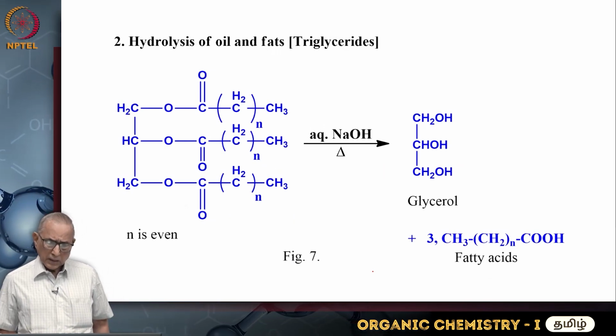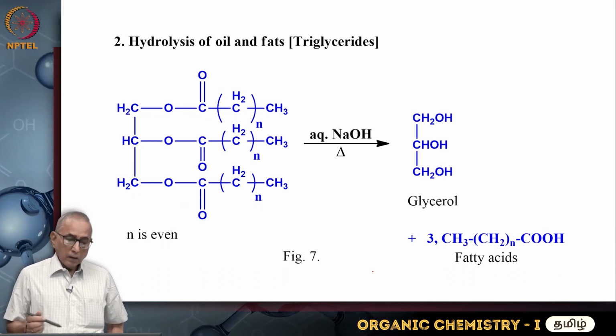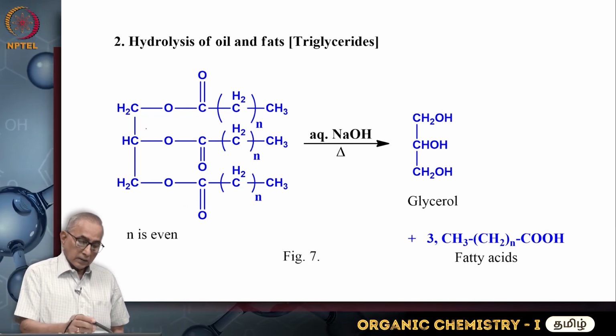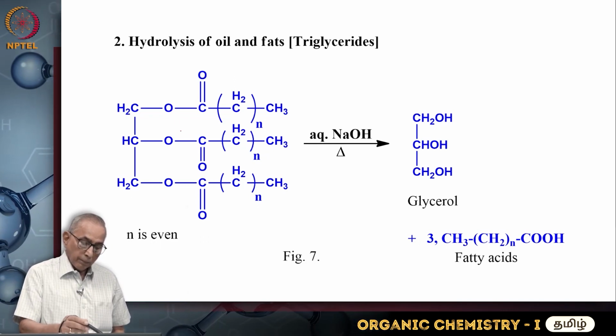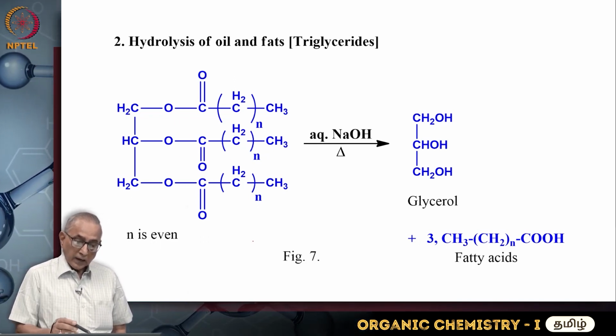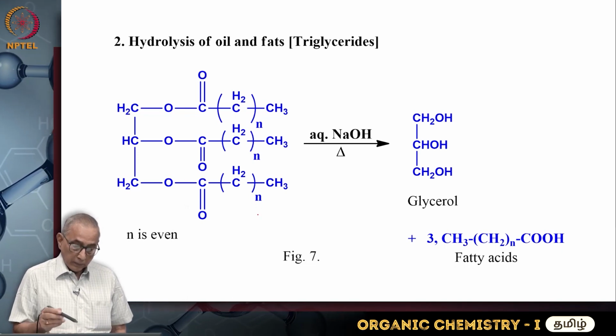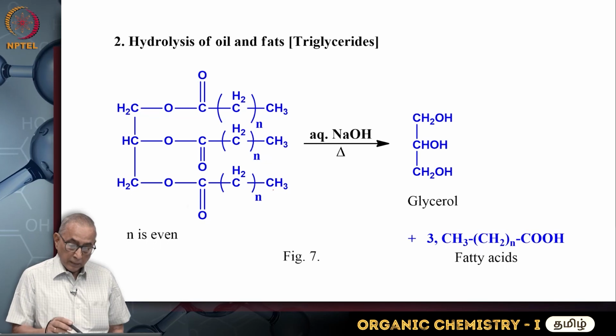We have just mentioned this hydrolysis of oils and fats. Oils and fats are triglycerides. This is the glycerin group. The oxygen is esterified with fatty acid, where the N can be always even, the total number of carbons is even.